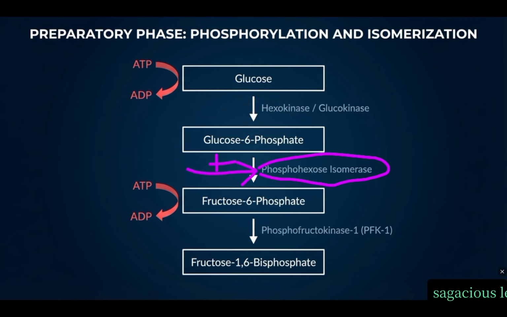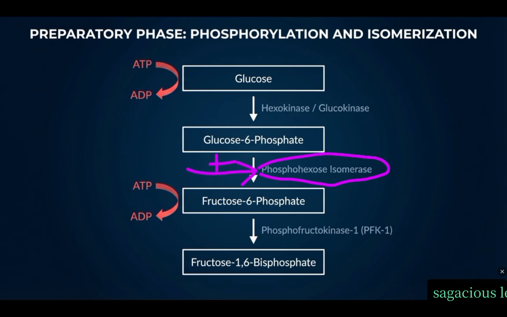But if they did not specify, and you see hexokinase or glucokinase, just choose one of them. Another question is, which enzyme converts glucose-6-phosphate to fructose-6-phosphate? It is phosphohexoisomerase.